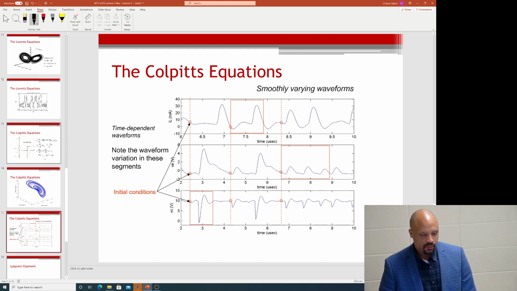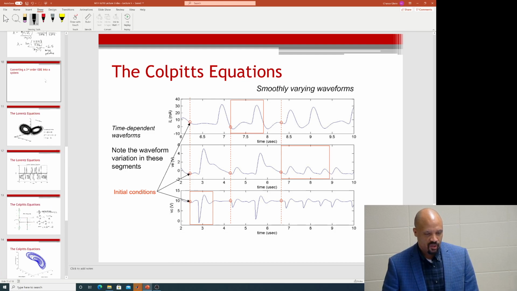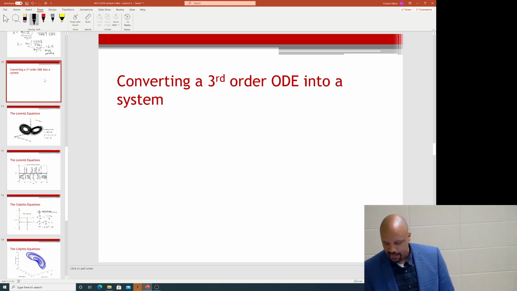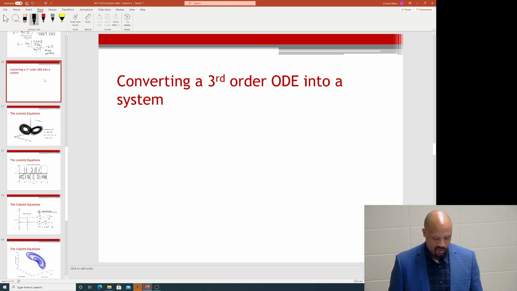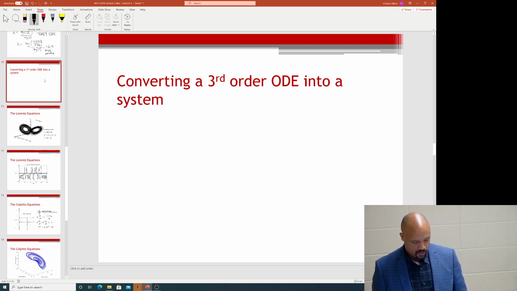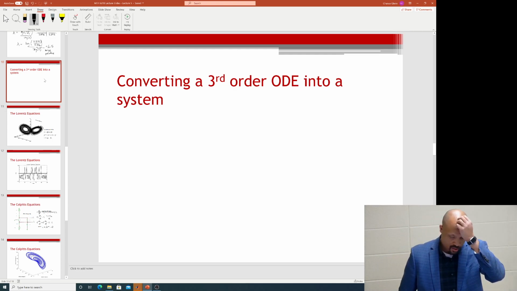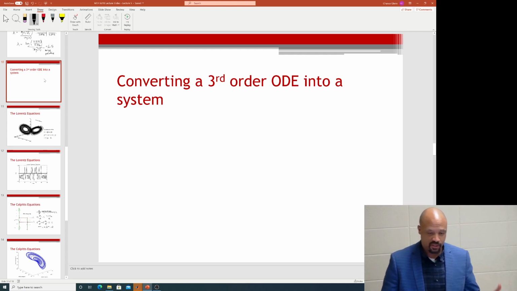But what I wanted to show you as well is what you can do in order to take a three-dimensional set of equations and turn it into a system. Okay, a third-order differential equation.